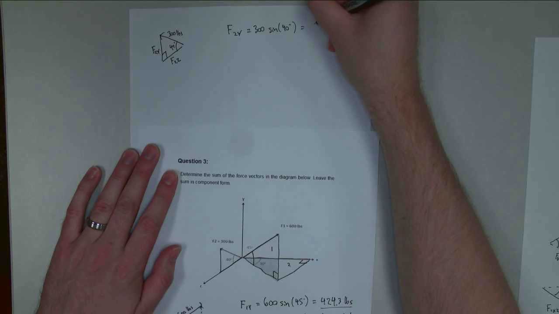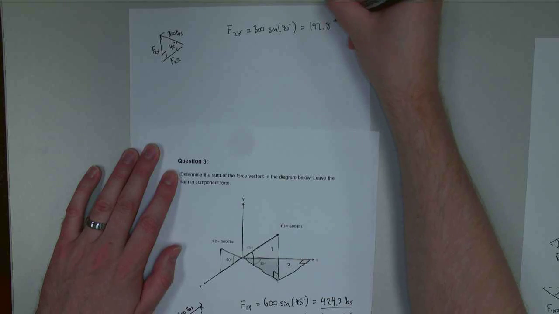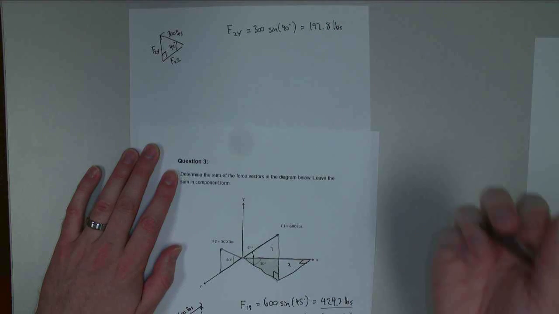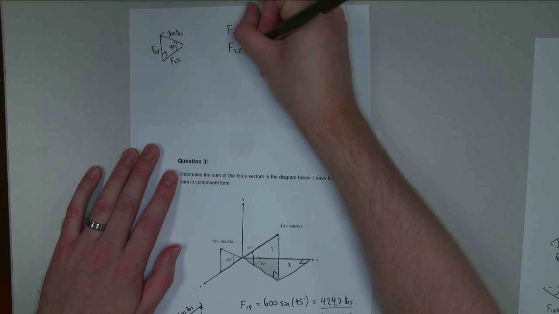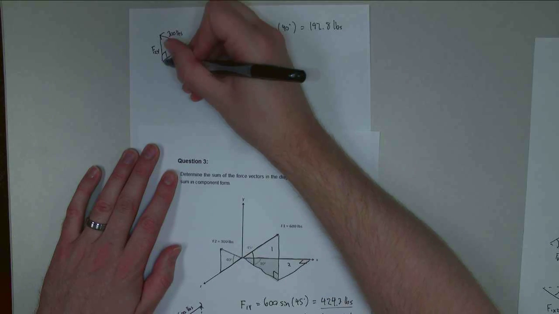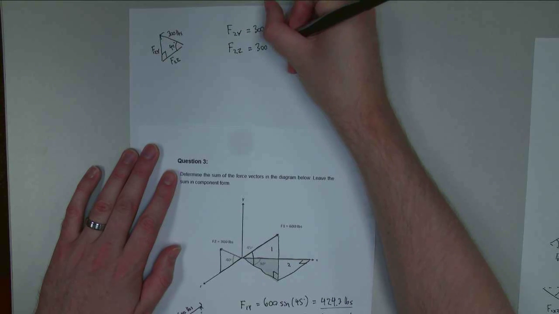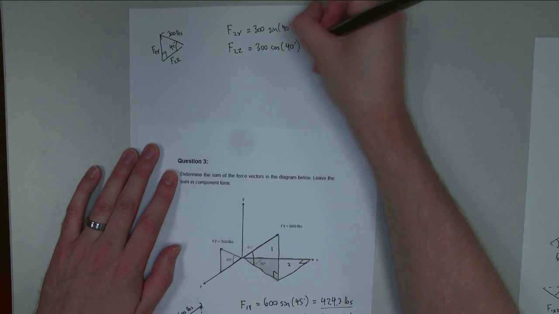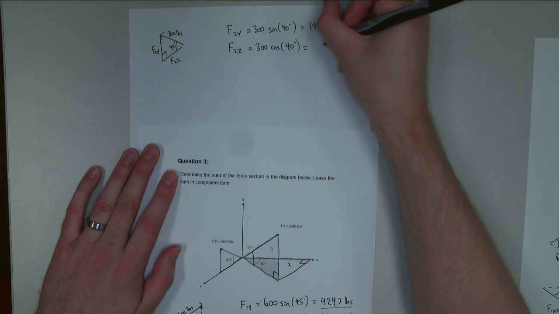Alright, that gives me 192.8 pounds. And for the z component, F2z, it is the adjacent side, so again it's the hypotenuse, which is 300 pounds, but this time it's times the cosine of 40 degrees. And that is going to be 229.8 pounds.